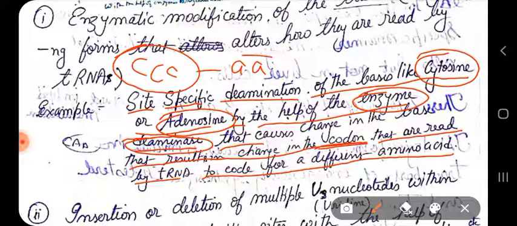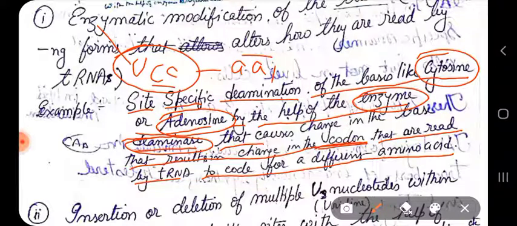Now suppose deamination of cytosine occurs, and the cytosine converts, due to deamination, into uracil.